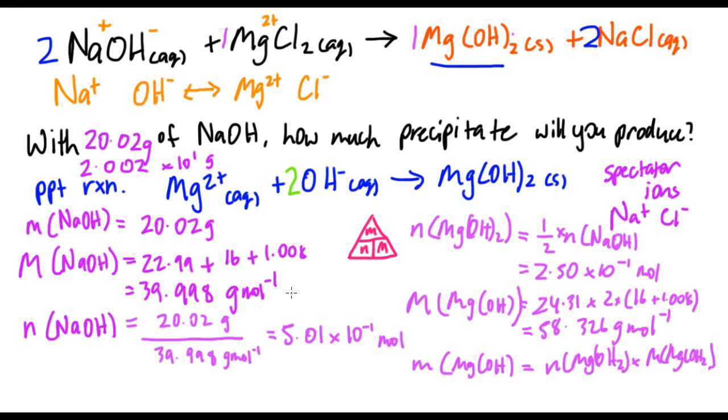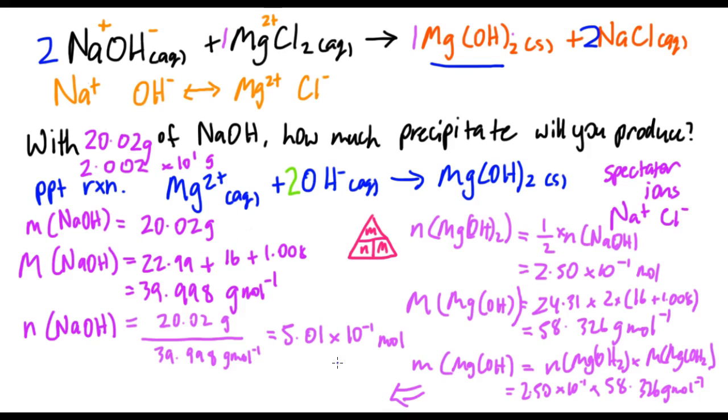I'm trying to squeeze it in, which is going to be 2.50 by 10 to the negative 1 times 58.326 grams per mole. I'm going to have to put the answer here. I apologize because we just simply ran out of room.